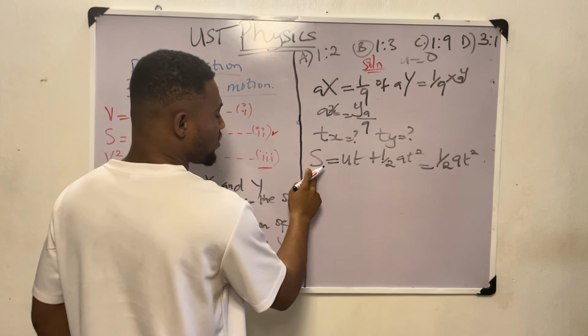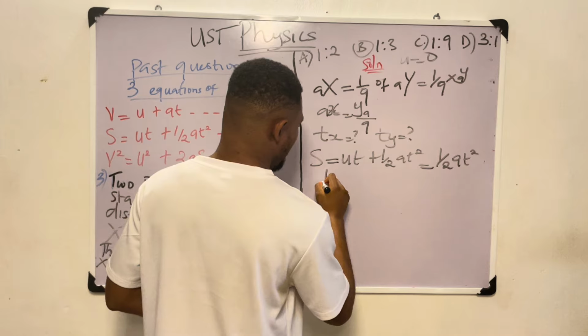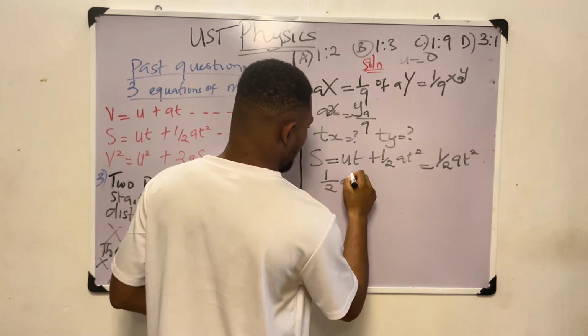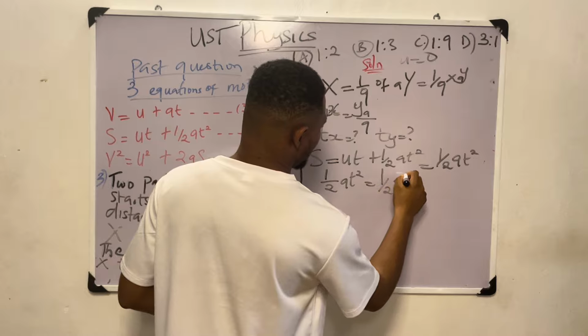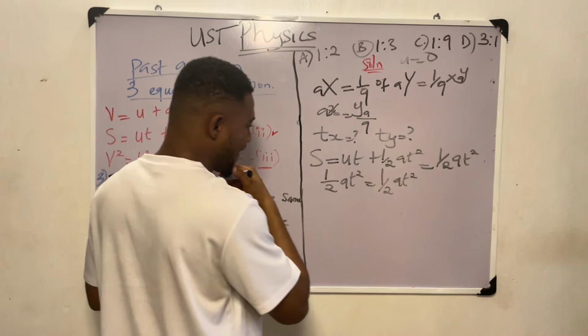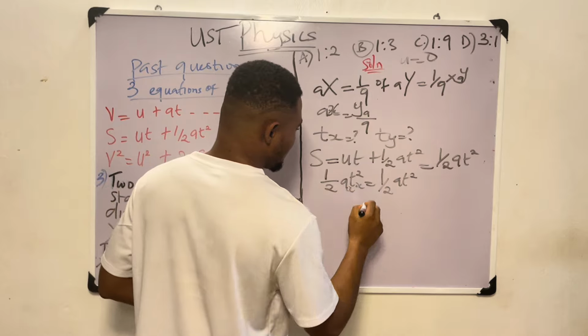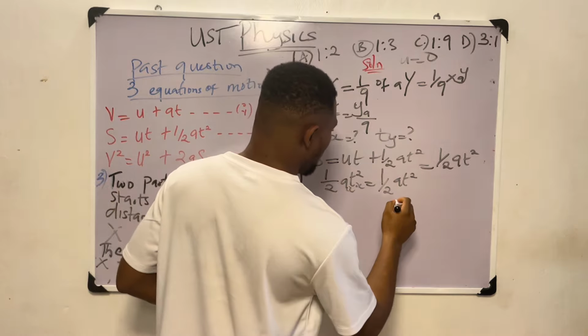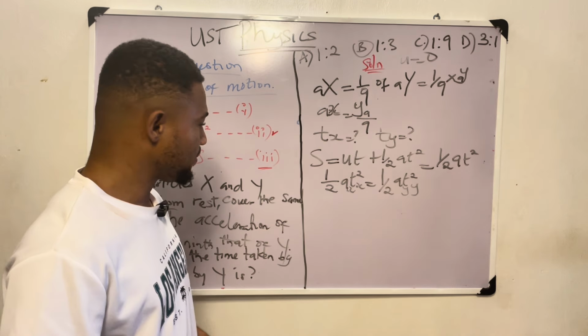Since the distance is constant for both of them, we have half AX Tx square equals half AY Ty square. This one is for X and this one is for Y.